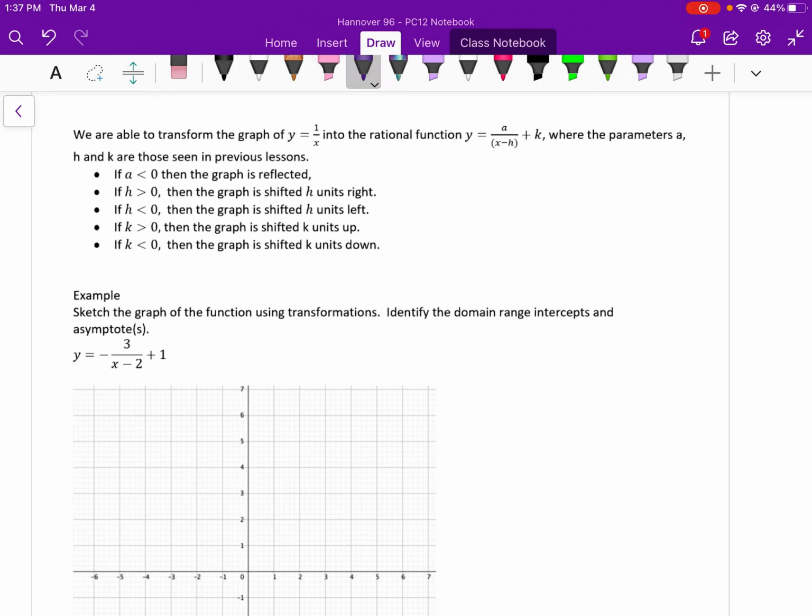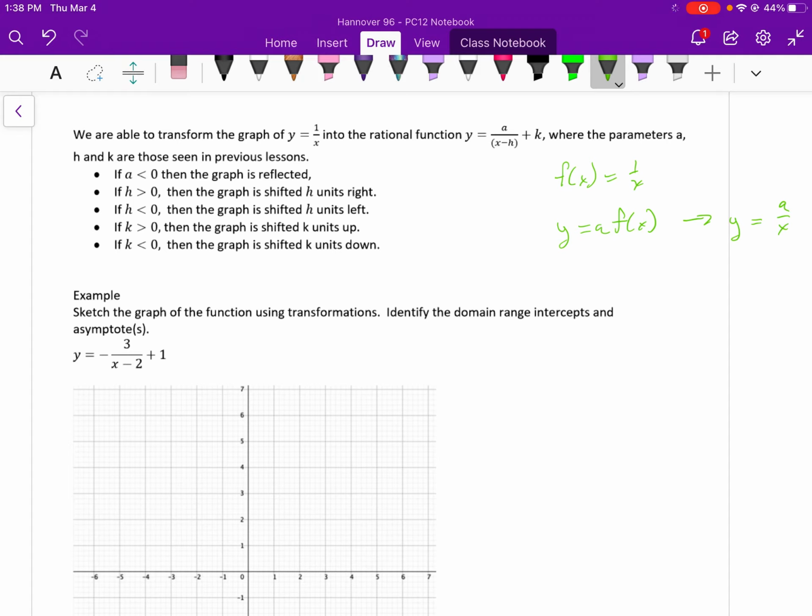So for instance, if our parent function is f of x is equal to 1 over x, and I multiply my function by a, so y is equal to a f of x, that would be y is equal to a over x.